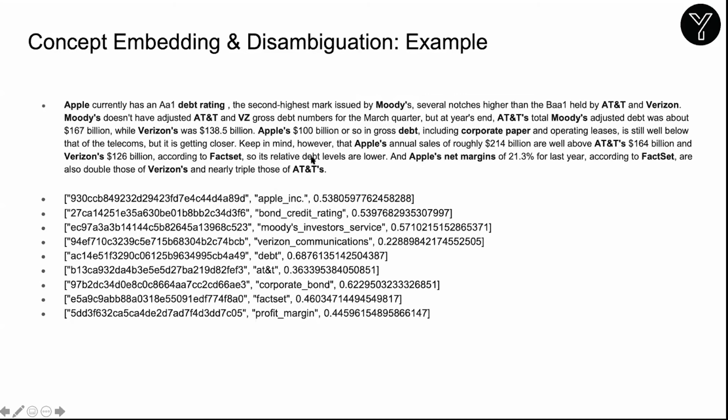And again, this bond credit rating is never mentioned in this text anywhere. You can just understand that this bond credit rating is semantically a good fit for this specific text. And our technology will also give you the scores or the importance of these concepts within any portion of text.